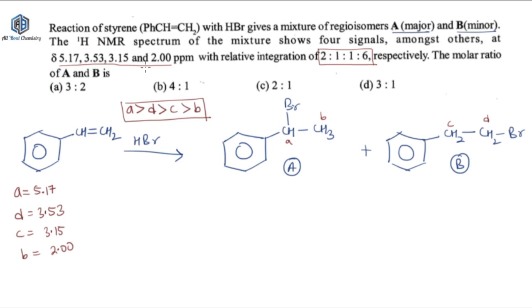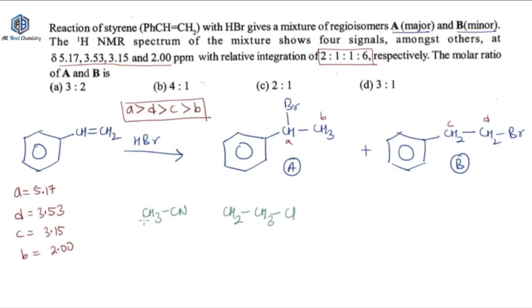Now how do we understand from this relative intensity what the molar ratio will be? Before going into that, I'll give you an example, for those who are new to this concept. Let's take a molecule, CH3CN, and another molecule mixed with it, let's say CH3CH2Cl.